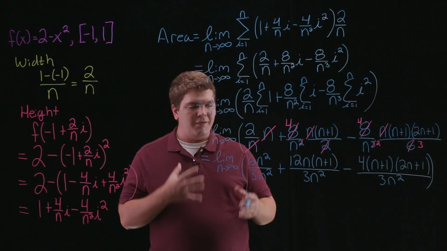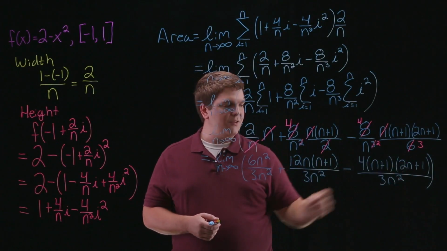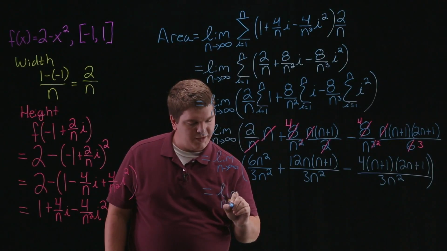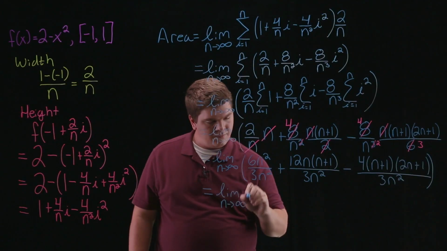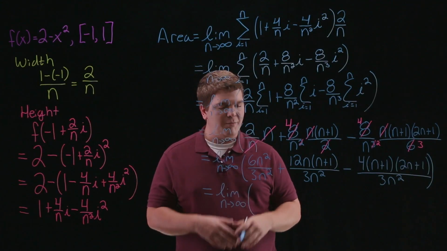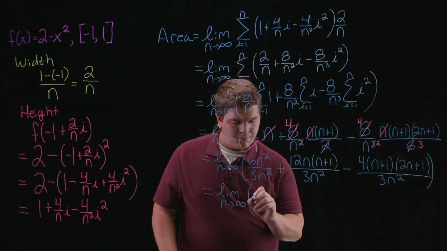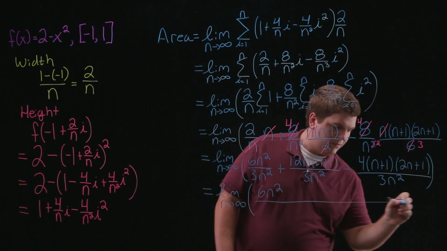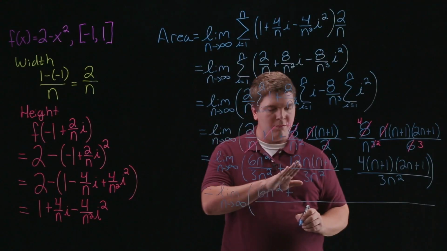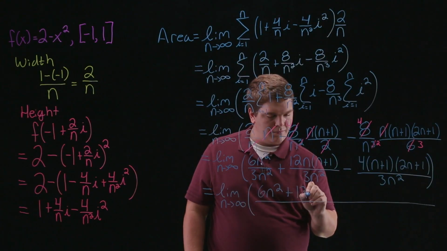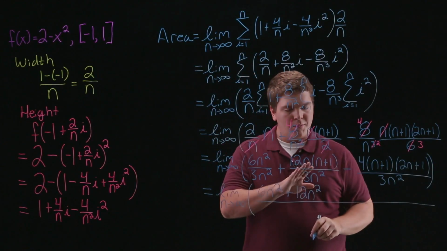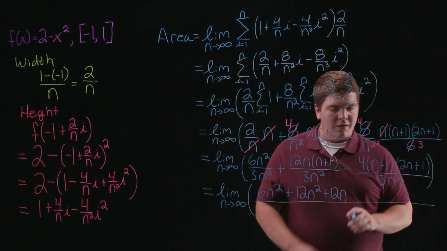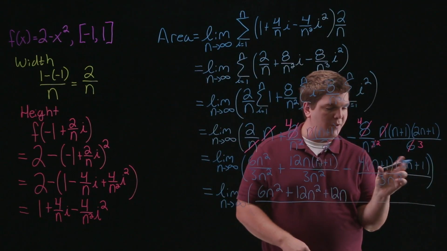Okay, so now we have this figured out. Let's simplify each of these numerators. So this is the limit as n approaches infinity. Let's also, at the same time, combine all these terms. So we'll have a 6n squared plus a 12n squared plus a 12n, and here, let's multiply this out.